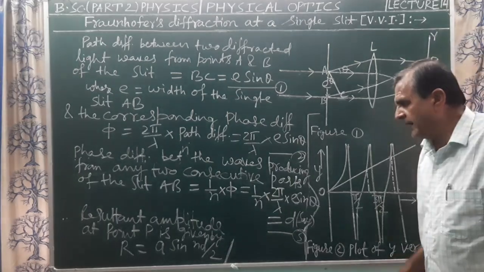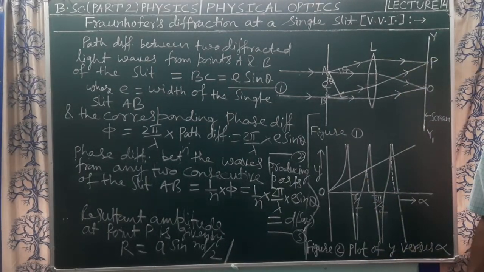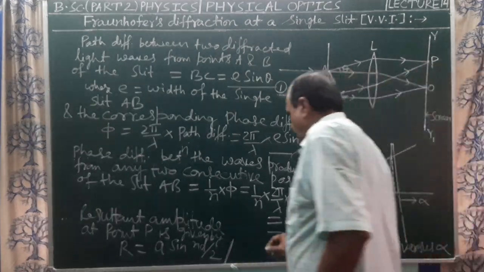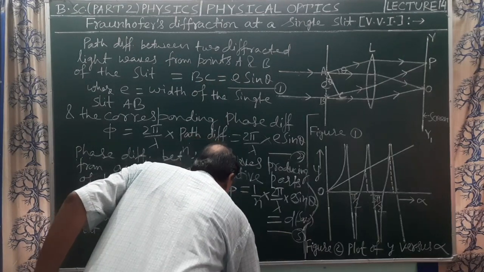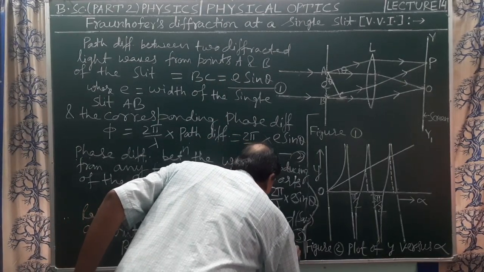So the resultant amplitude at point P is given by a sin(nd/2) upon sin(d/2), and say it is equation number 4.